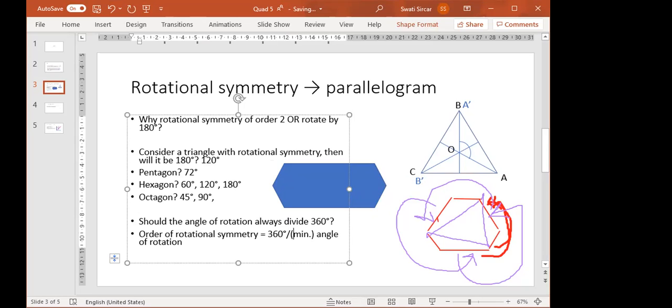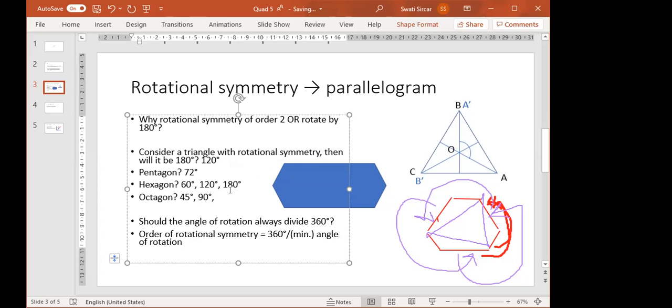Okay. So what happens is, in case of an octagon, you can design an octagon which will have rotational symmetry of angle 45-degree.